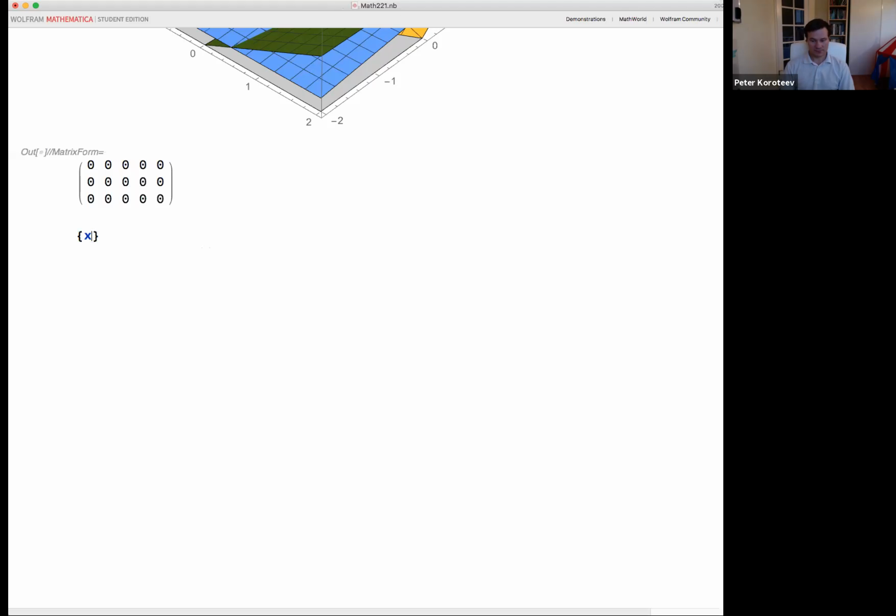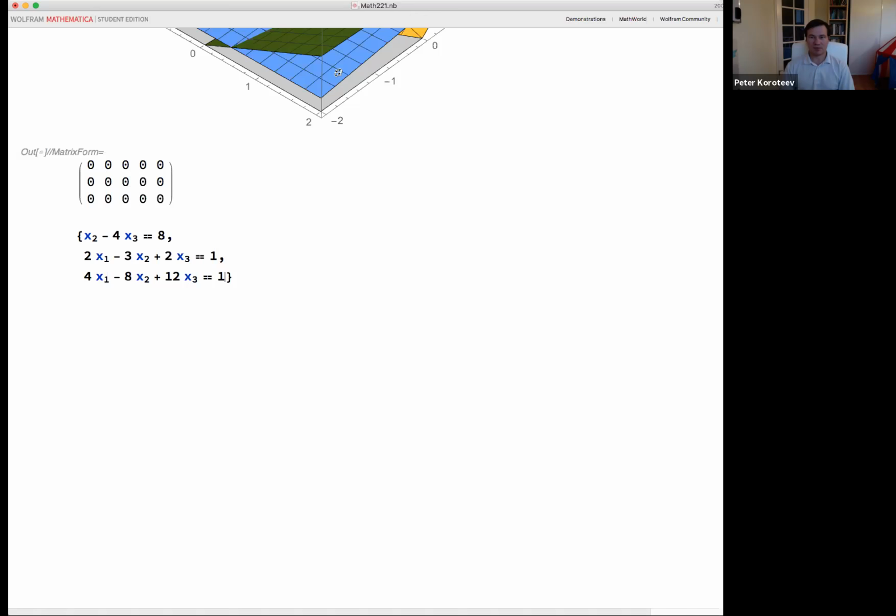It's x2 minus 4x3 is equal to 8. 2x1 minus 3x2 plus 2x3 is equal to 1, and 4x1 minus 8x2 plus 12x3 is equal to 1. So let's write down the augmented matrix.